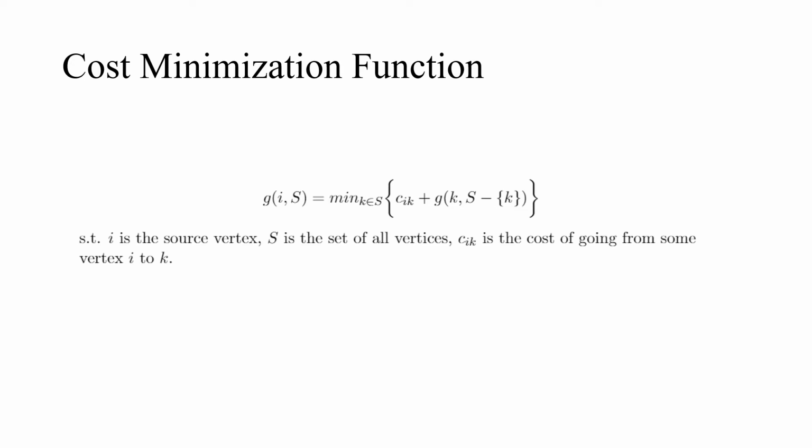It starts us off at any source vertex i and takes the entire set S of all vertices, and then picks the minimum shortest path by adding the cost function of some vertex i and some vertex k, and then we move back to the vertex k and check where we're coming to the vertex k from.